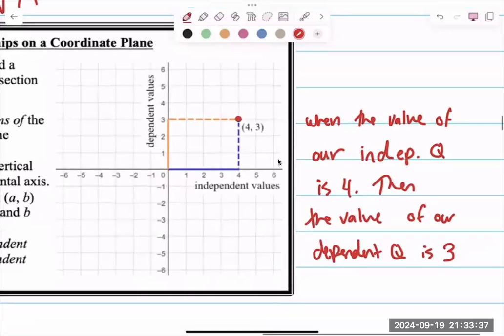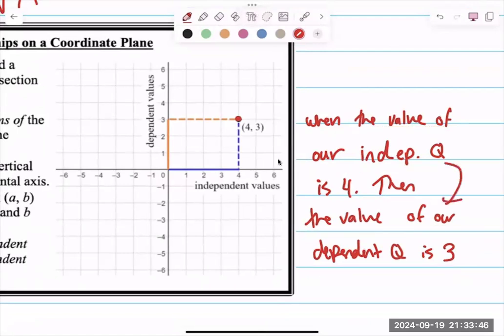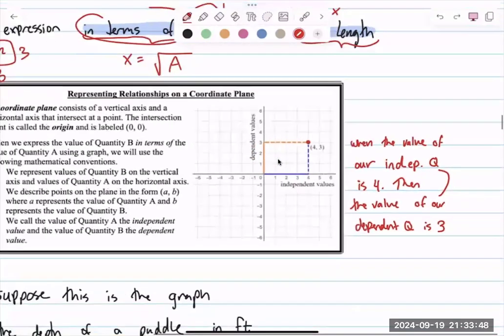Okay. And so it's really important to get the order right here. So when the value of our independent is this, then the value of our dependent is 3. We can only say that the independent changes the value of our dependent, not the other way around.